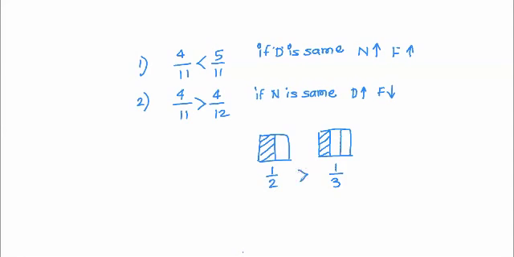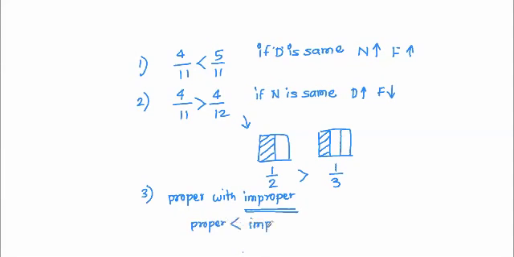And hence we get this rule here. Rule number 3 is: if you are comparing a proper fraction with an improper fraction, the improper fraction is always greater.